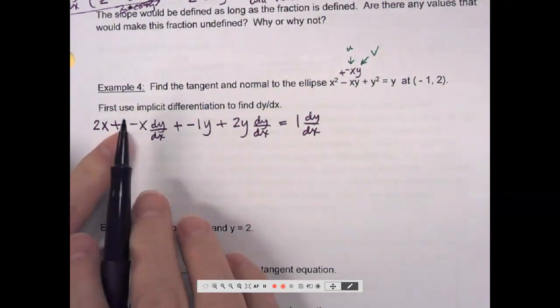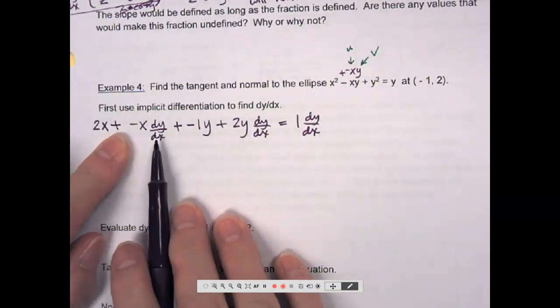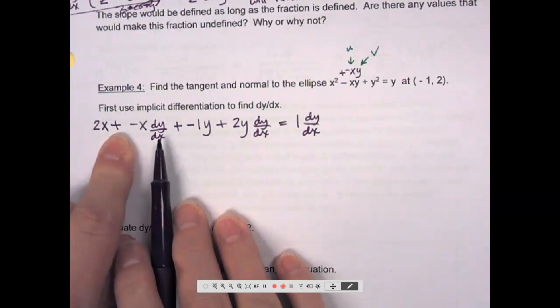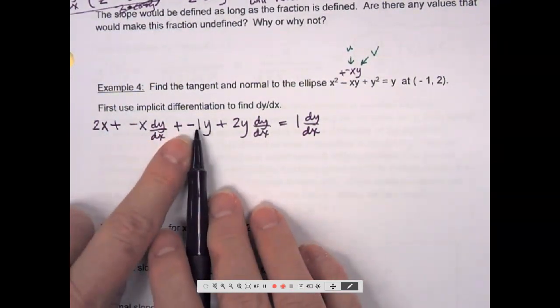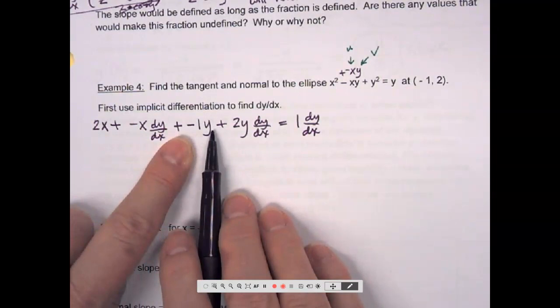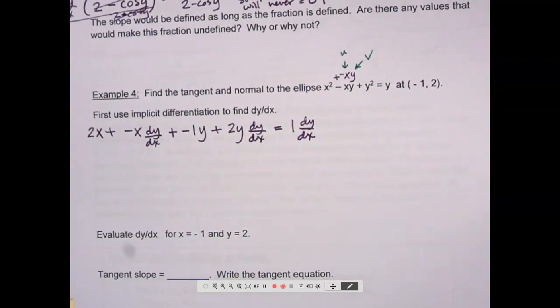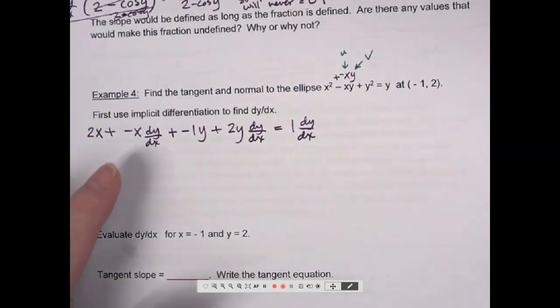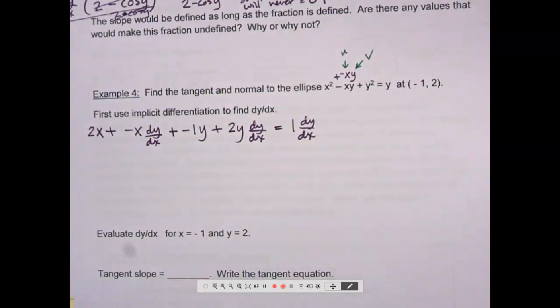So this is u v prime plus u prime v. So it's not x y dy/dx for the second term. Correct. You've got to use your product rule with u and v. Any other questions on that step?